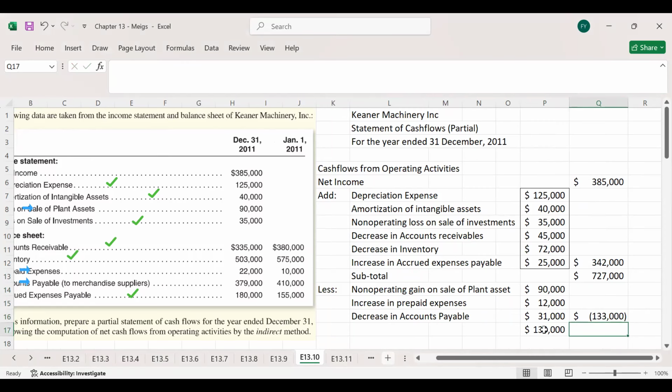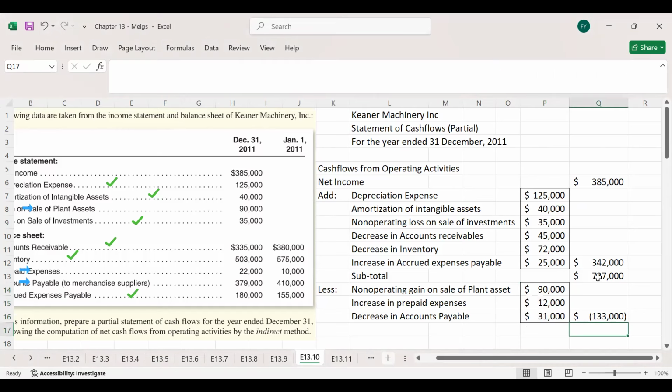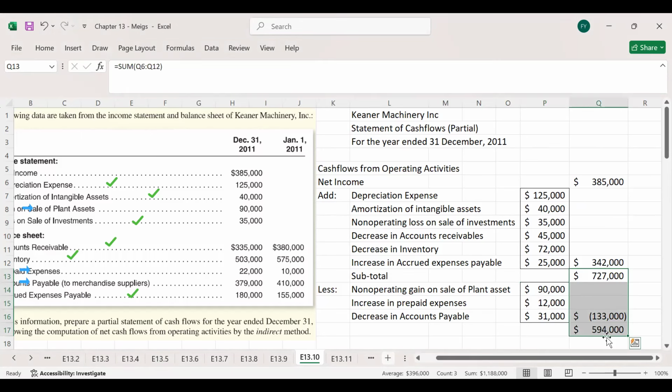So here we have the total. You can see here, this is the presentation, and in the last, this is $594,000.